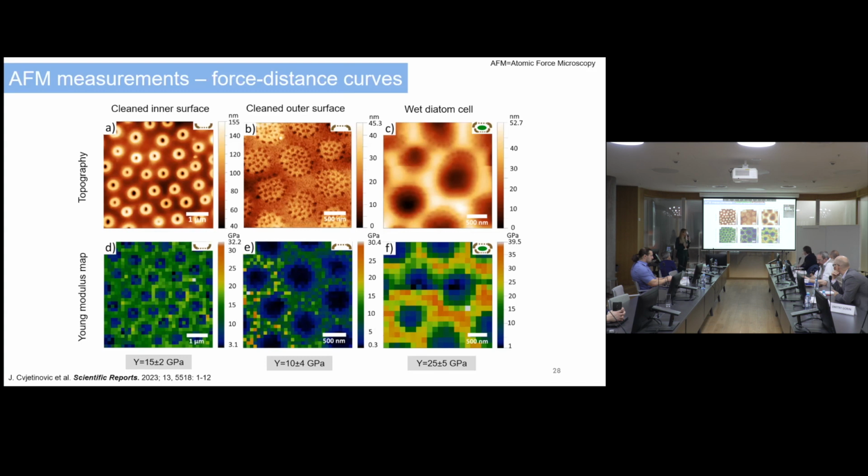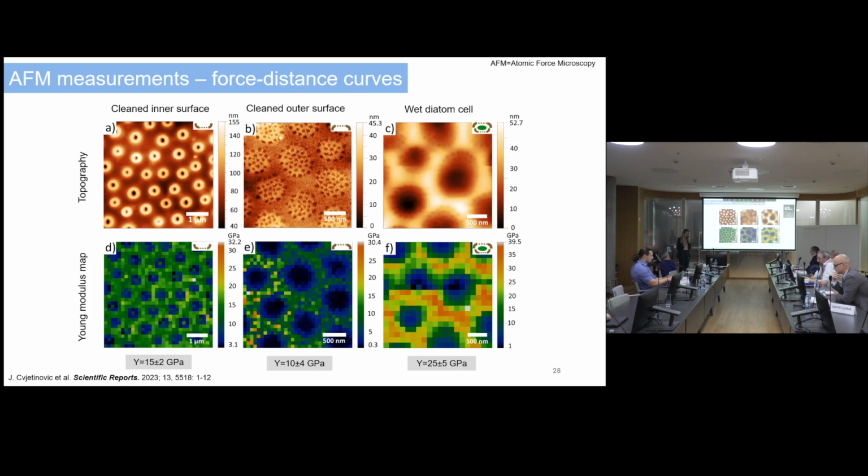Our results showed that Young's modulus in these thicker parts, not in the pores, in the case of the cleaned inner surface is around 15 gigapascals. For the cleaned outer surface it is lower, ranging 10 plus or minus 4 gigapascals, and in the case of the wet diatom cell, we have a higher mechanical response, around 25 gigapascals.